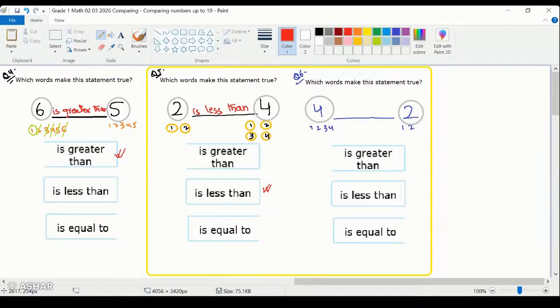And what about the next statement? 4 and 2? Is 4 less than 2, or 4 equal to 2, or is 4 greater than 2? In question number 6, we know that 4 is a bigger quantity, because in question number 5, we already wrote 2 is less than 4.